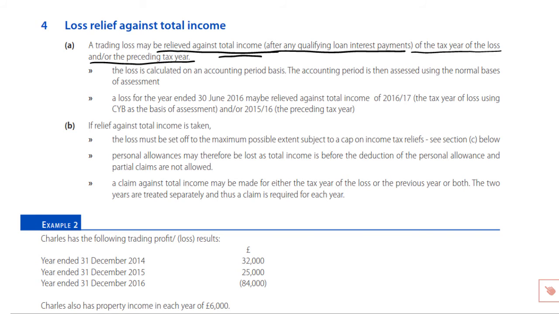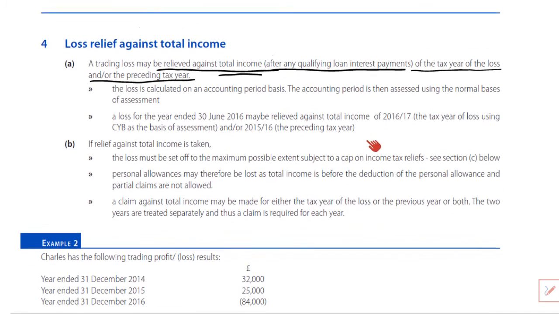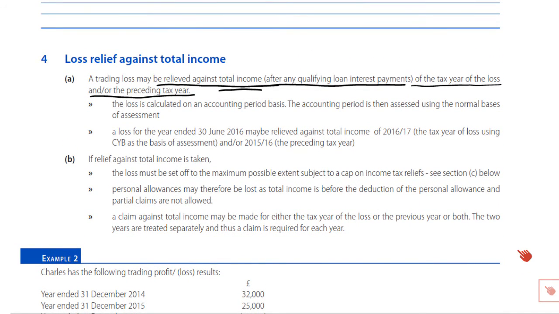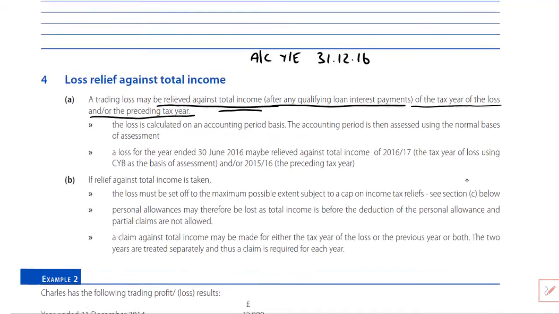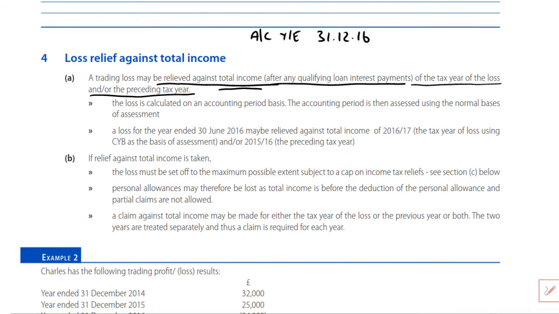So, for example, if we had a loss for the accounting year ended 31st of December 2016, where could we use it against total income?